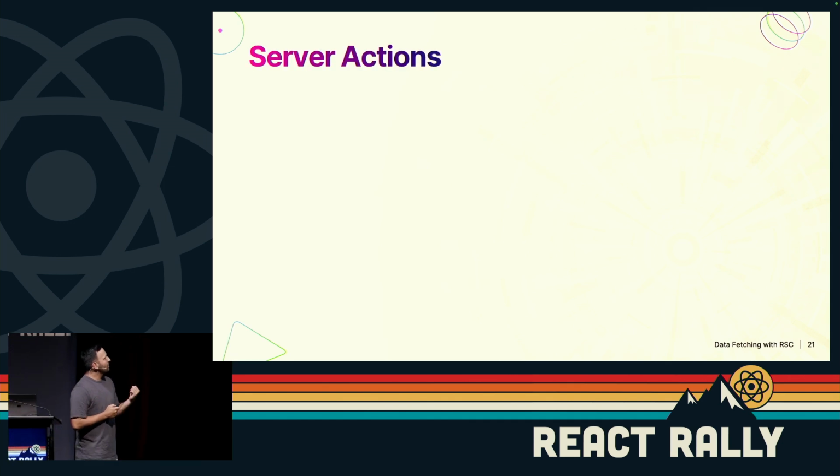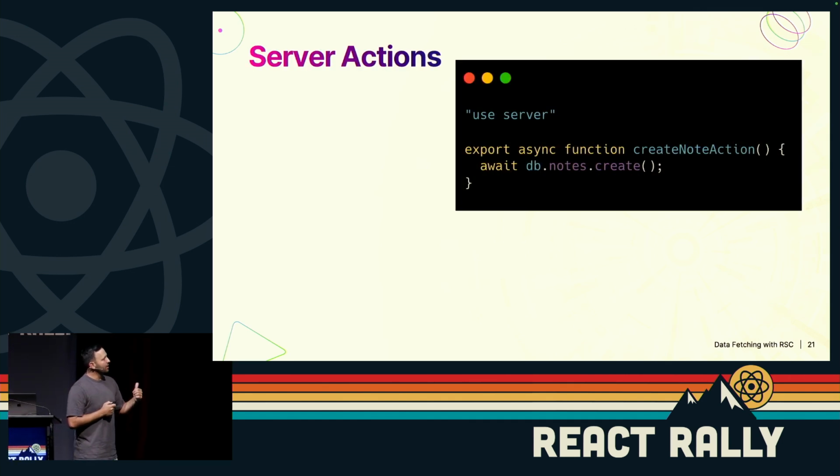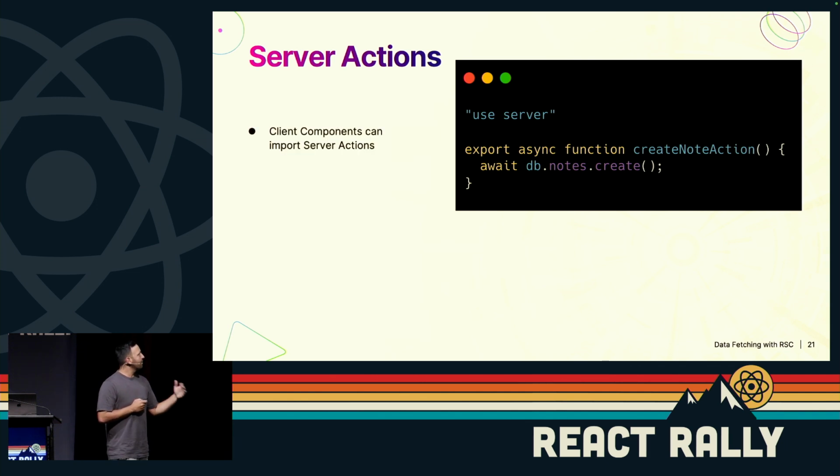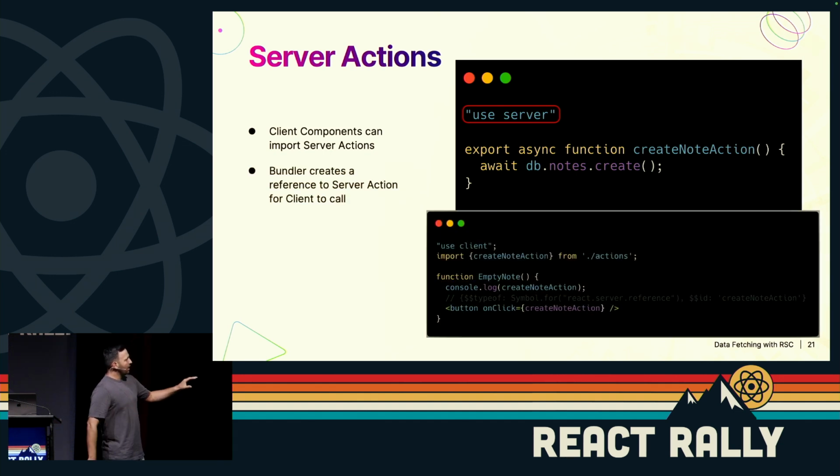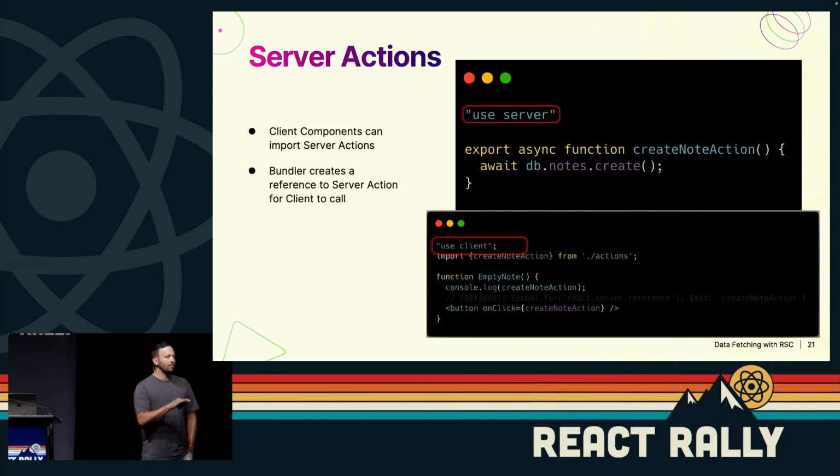And as I mentioned before, you can extract this away into its own function or file. So by moving that use server directive to the top of the page, your client components can reference this. What that looks like here is we have a client component. You'll notice that it's a client component in our App Router because we've got the use client at the top. Server components don't have any syntax. They don't have a use server or a use server component.